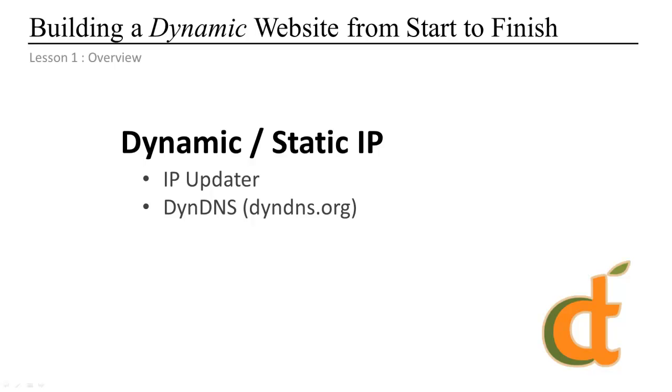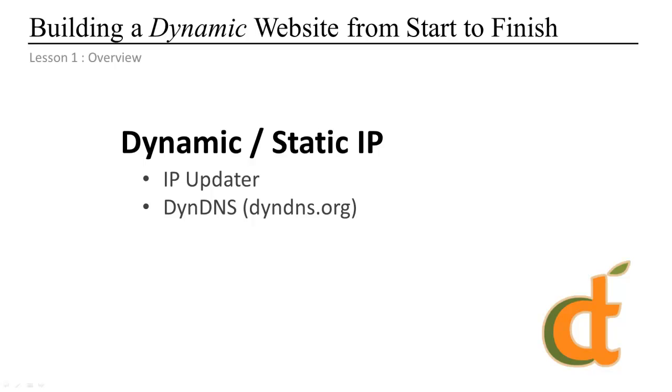As far as having your own server at your own house, you need to think of things like what a static and a dynamic IP address is. Your ISP, your internet service, gives your router an IP address, and 9 times out of 10, if you're a normal consumer, you're getting a dynamic address, which means this address could change.